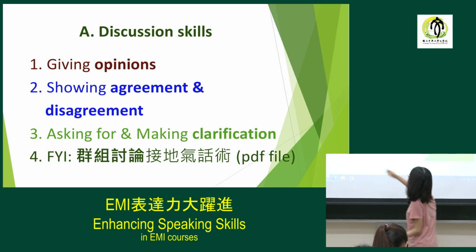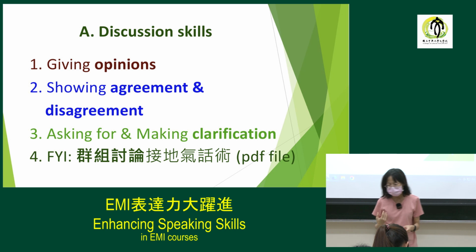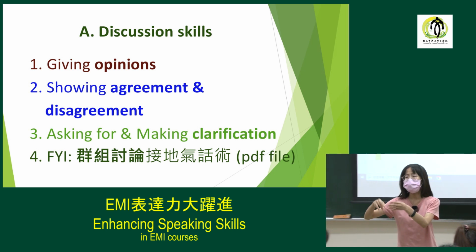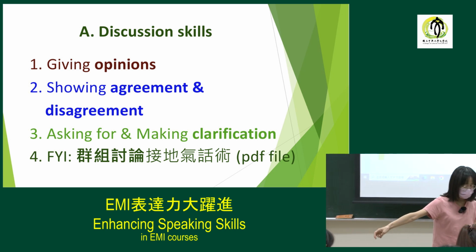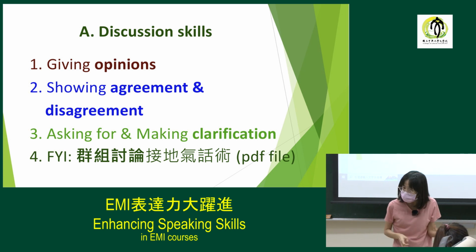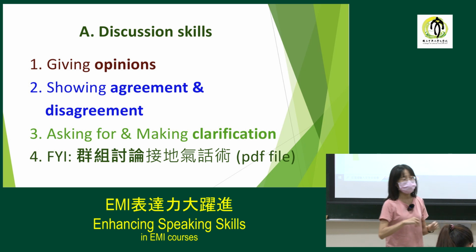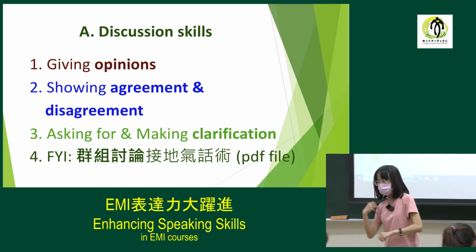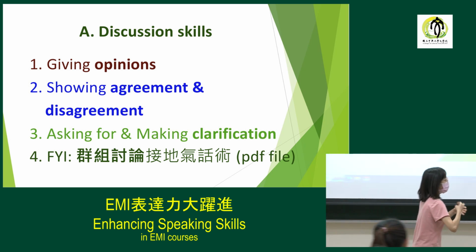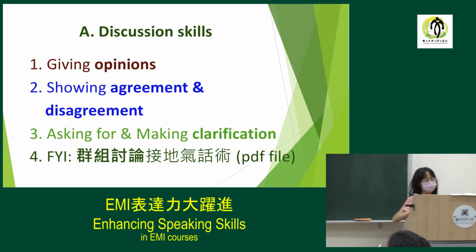And that's why you have to make clarification. Or sometimes maybe you would like your other participant to explain their points further, and that's how you would like to learn some expression to ask for clarification. So these are the 3 basics in this group discussion skills.